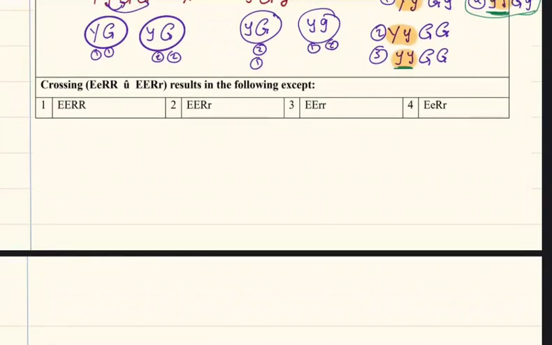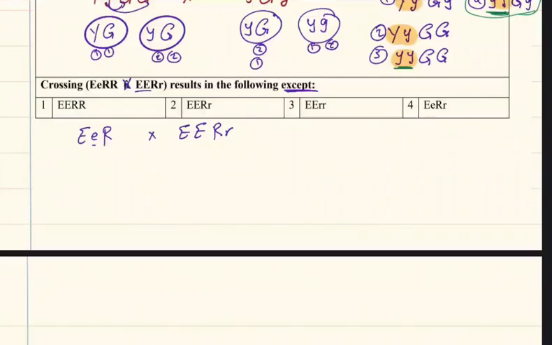Now let's look at this question. It says crossing A capital A small, R capital R capital with A capital A capital, R capital R small. It says it will give us the following except. Now let's do it. In the gametes here, I have two similar, so I will erase one.